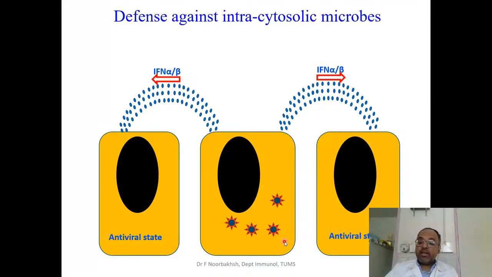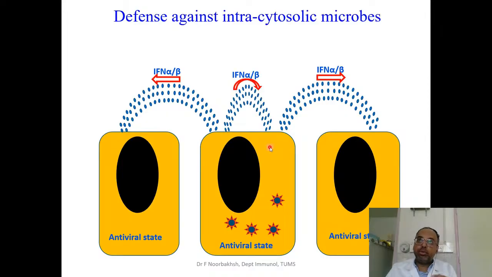So interferon alpha and interferon beta can be produced by a lot of cells in the body. They can be produced by fibroblasts, by epithelial cells, by hepatocytes. And when they are produced, they influence nearby cells in a paracrine fashion. And they influence the same cell that has produced them in an autocrine fashion.